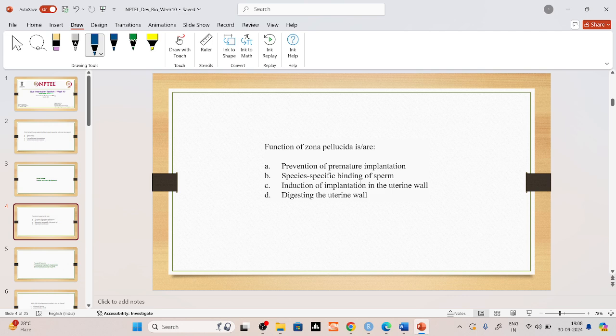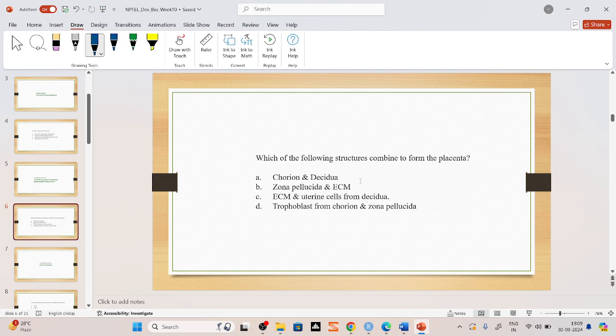So humans can be fertilized by humans, and this is maintained because of zona pellucida. So a sperm of any other species cannot fertilize humans because of this zona pellucida. So you understand how important this zona pellucida is. Then, induction of implantation in the uterine wall, no, because by the time it reaches the uterine wall, zona pellucida is already degraded. Digesting the uterine wall, no. So the correct options are A and B.